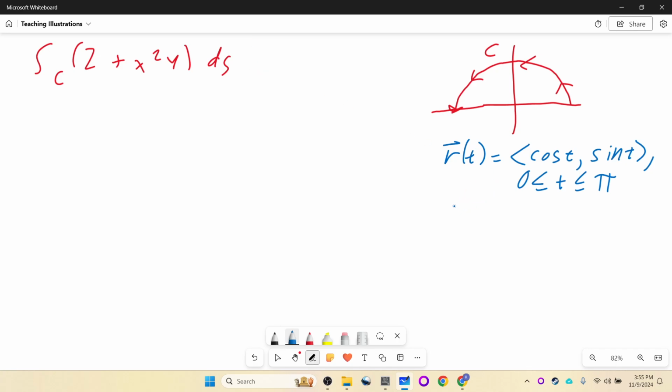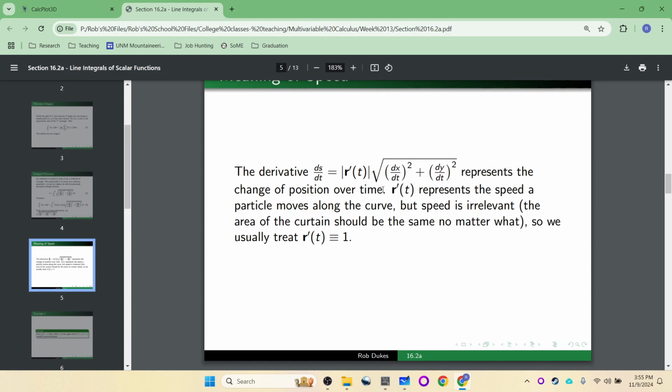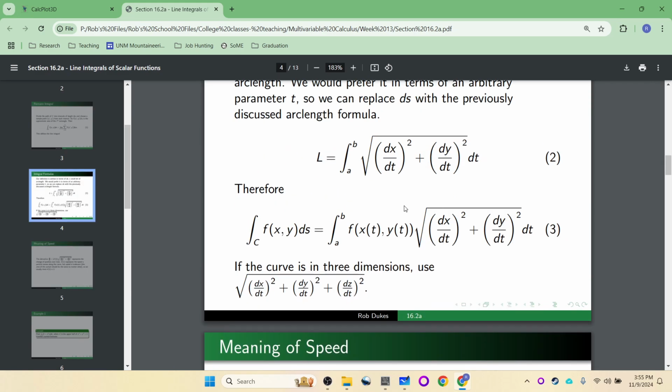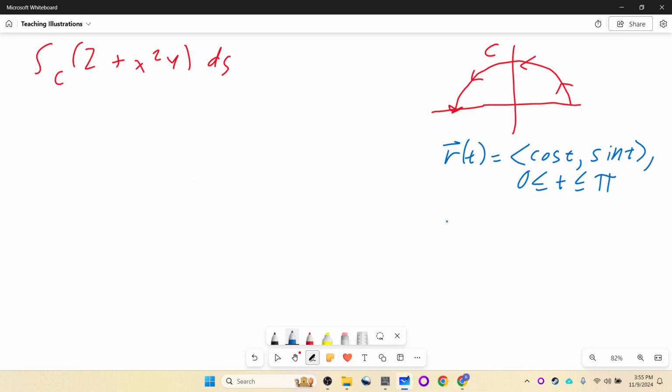Now, the formula we had says we also need the ds over dt. So let's get this. dx over dt is negative sine of t, and dy over dt is cosine of t.